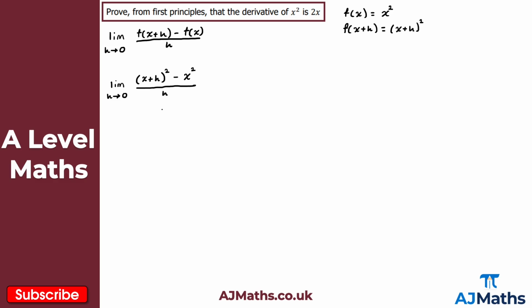Then what we need to do is expand these double brackets. So x plus h times x plus h should hopefully be nice and straightforward. This is the limit as h tends to 0. I'm going to get x squared here. We have x times h and then h times x.